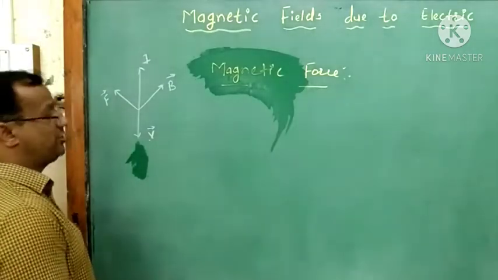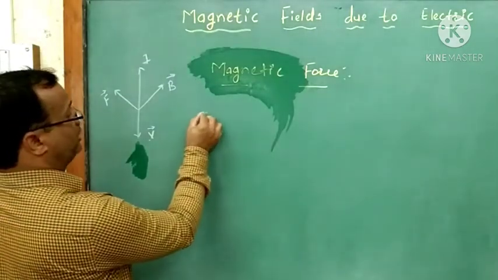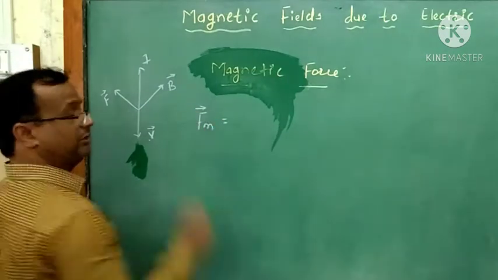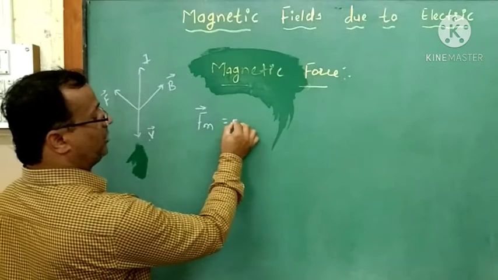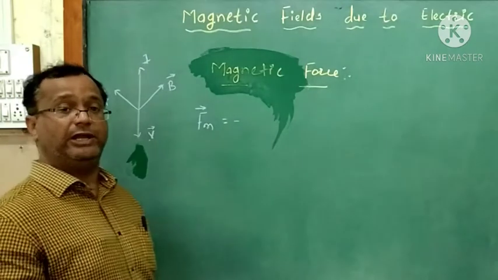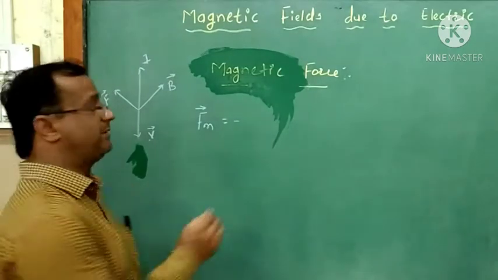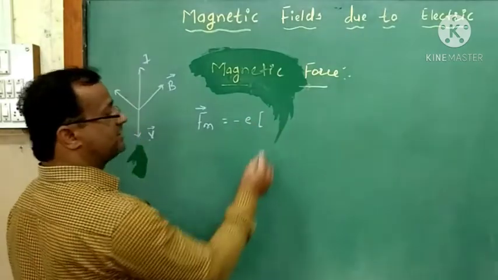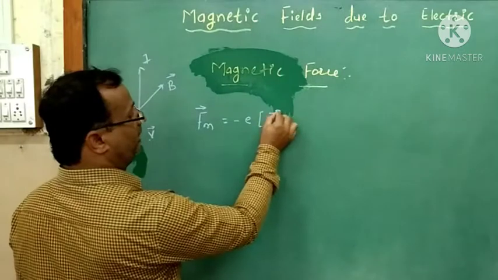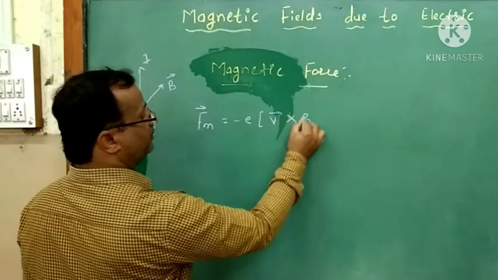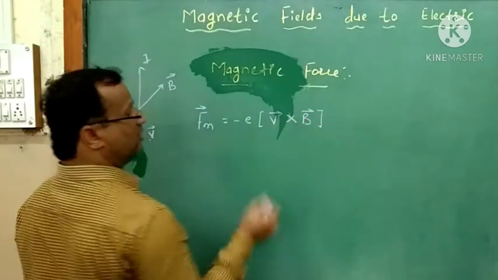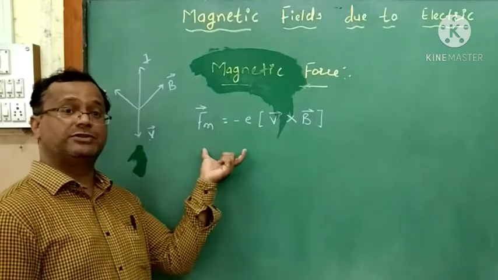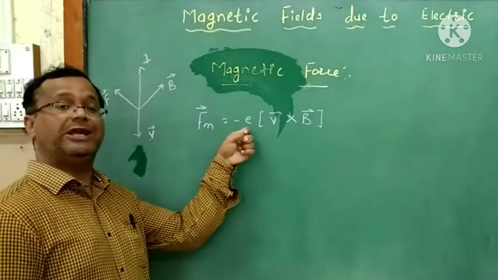Then the magnetic force Fm is equal to, for the electron, which carries negative charge, minus e, and inside the bracket simply V cross B. So this is the equation of the magnetic force acting on the electron.